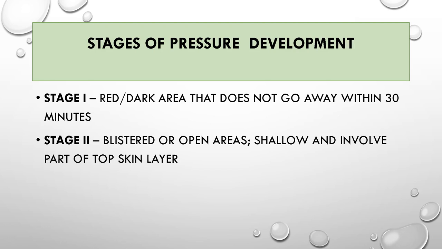It stays red. This stage can be reversed with early treatment, but if not treated, it can progress to the next stage, a stage 2. This involves minimal skin loss. The area can look like a blister or a shallow crater, but overall, it's still a superficial injury.